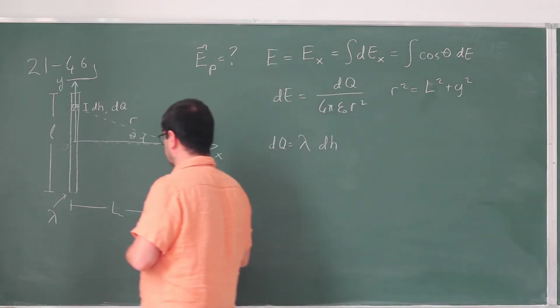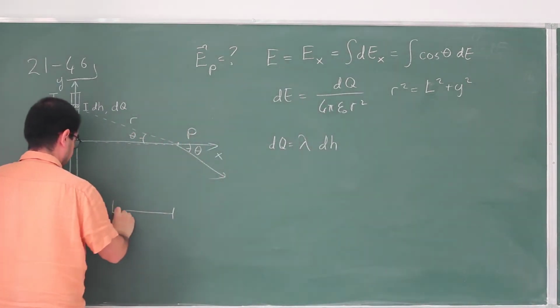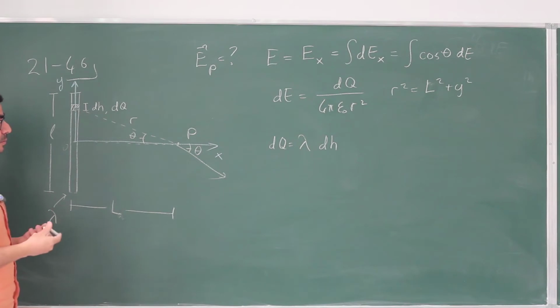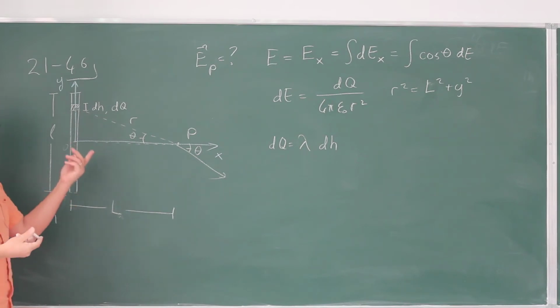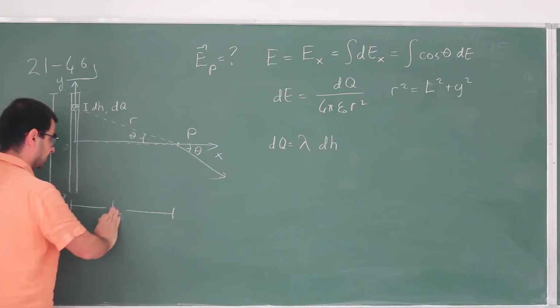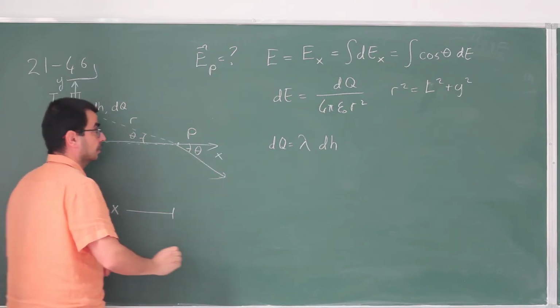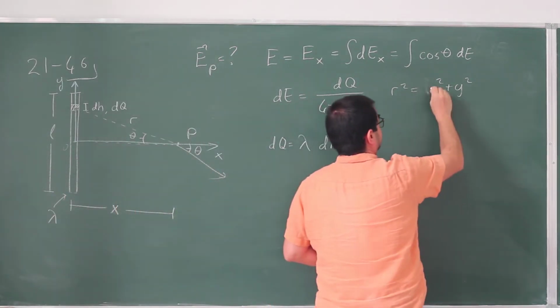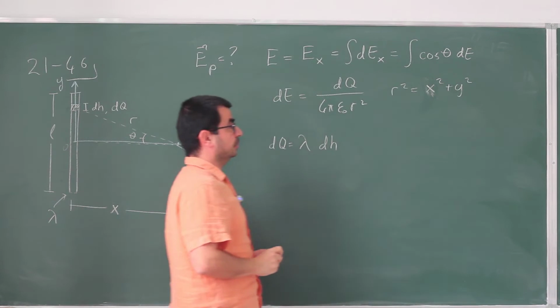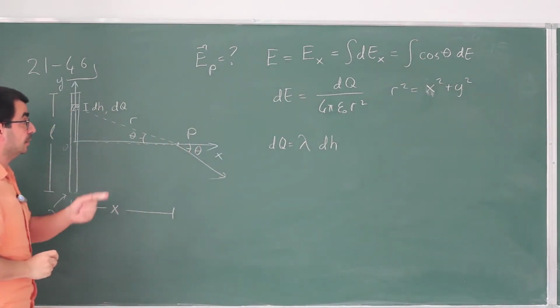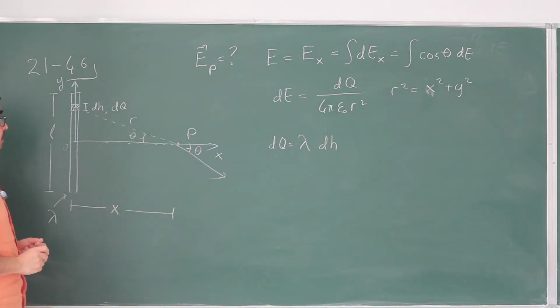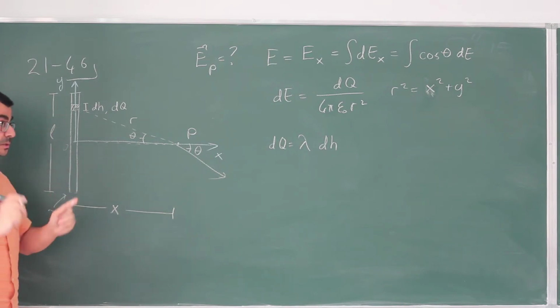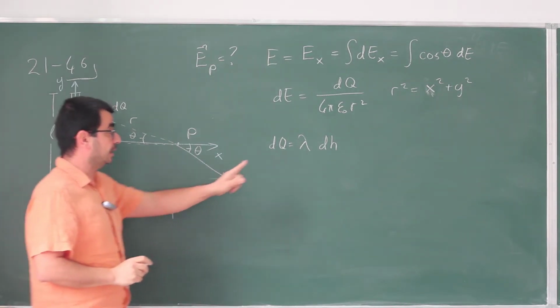Unfortunately, the book is kind of forcing you to make these choices, and it leads to some confusion. But I will keep the book's convention so we actually get the answer in the correct variables. So that's going to be our distance squared, x squared plus y squared, keeping in mind that x is actually a constant.